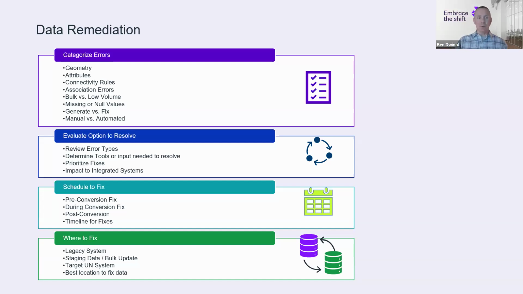One of the ways you want to do it when you get into data remediation is to categorize your errors by fix type. This is very important. There are others, but two clear ways that I'll point out.